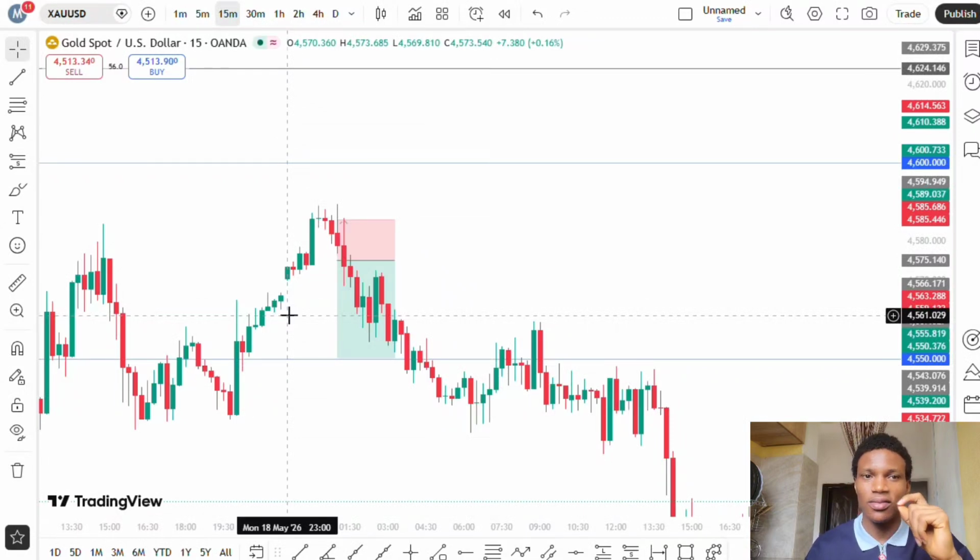Whereas on the second trade I took, I minimized the loss, because I was having $42 on that account.